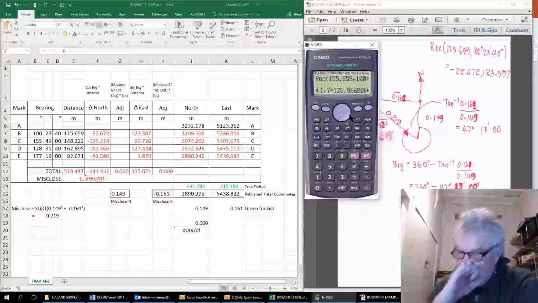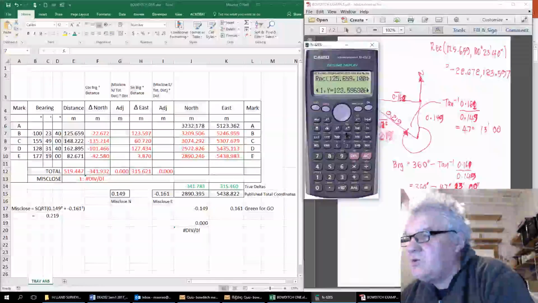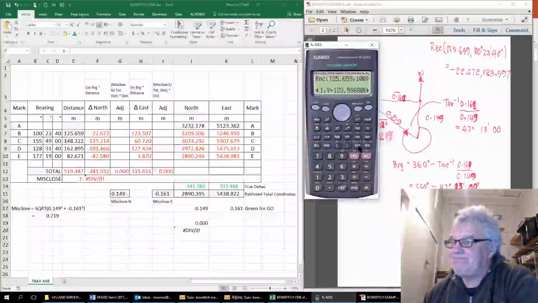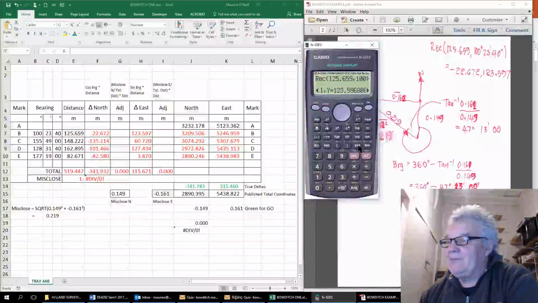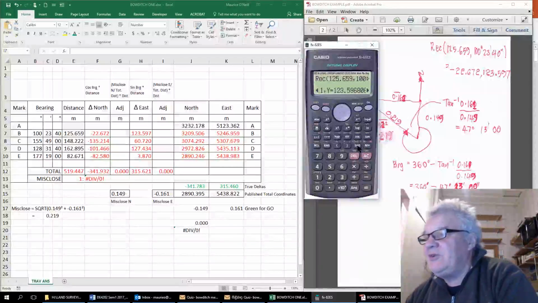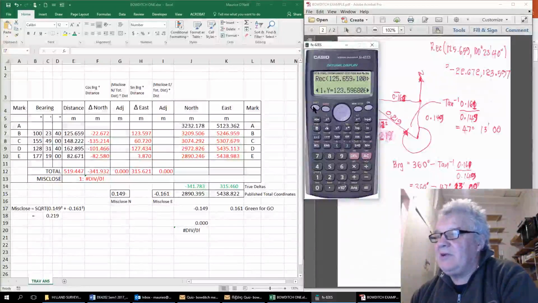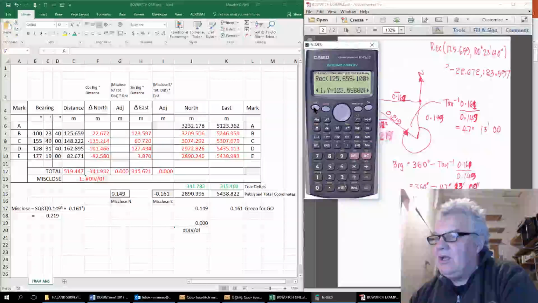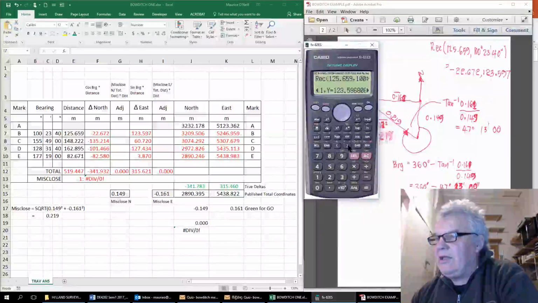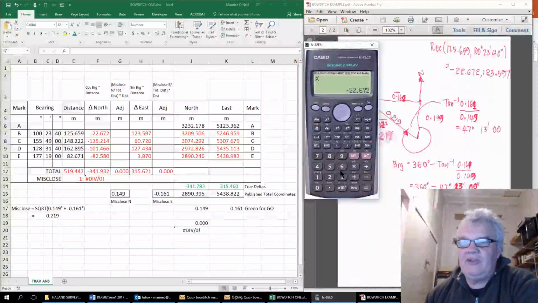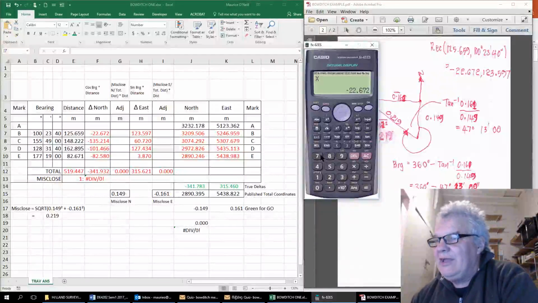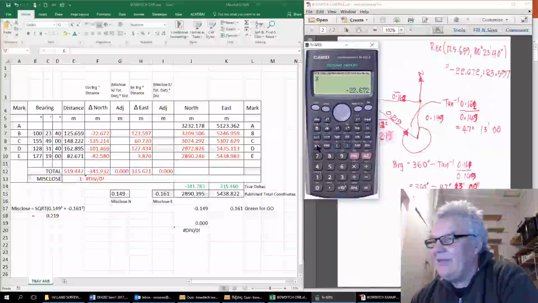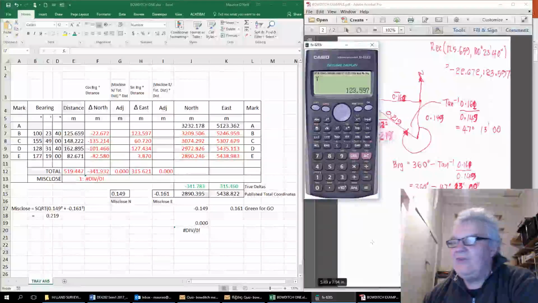And then if you move along here, 123.597. Now the information is also stored in these X and Y storage registers, so you can get it to 3 decimal places if you go recall X, negative 22.672, and recall Y, 123.597.